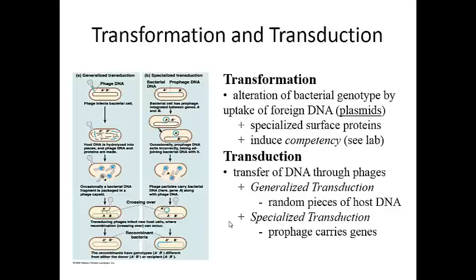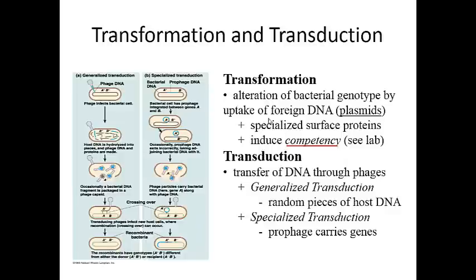In order to take in a plasmid from the environment, we must induce what we call competency in the bacteria. In our lab, we are going to induce competency in bacteria through a process called heat shocking. Heat shocking is when you expose bacteria to a high temperature and then to a low temperature.